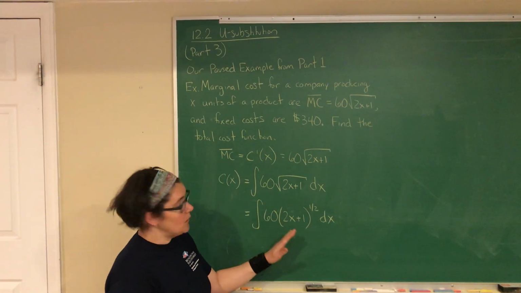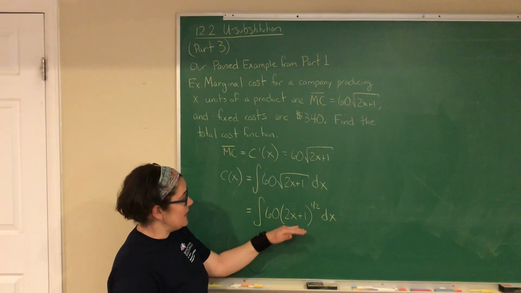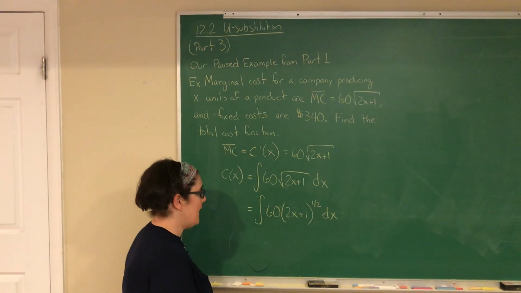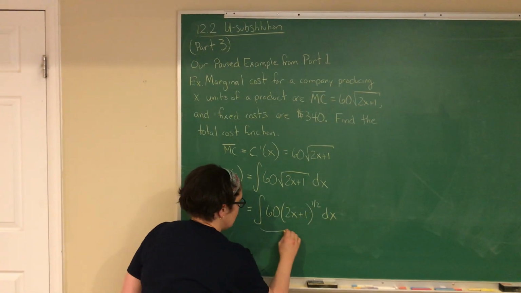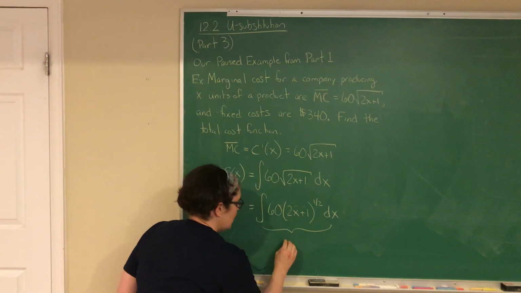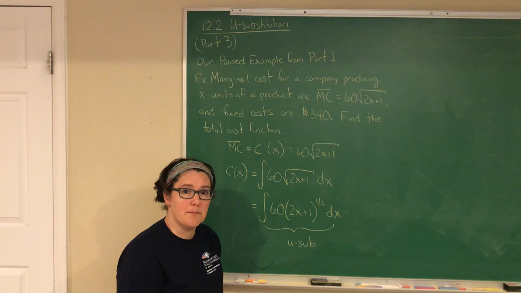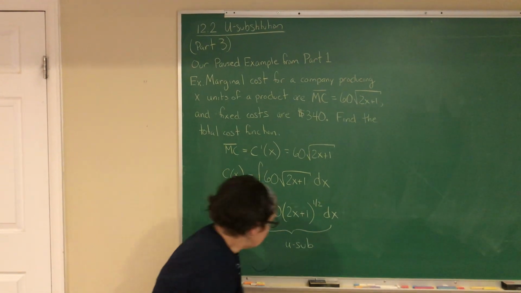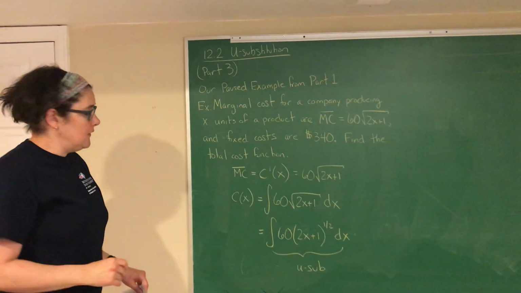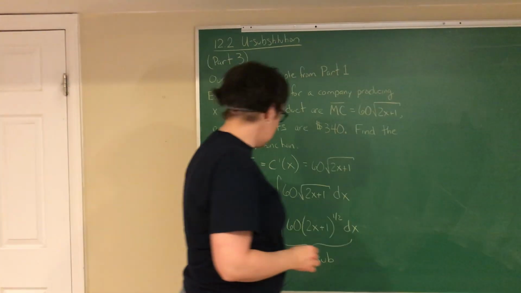But now, when I look at this integral and I see fancy stuff raised to a power, what this tells me is that I want to use U substitution. I want to do a U sub. Okay, so let's work through the work to evaluate this integral.